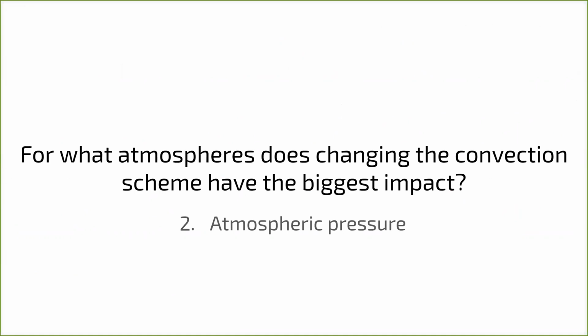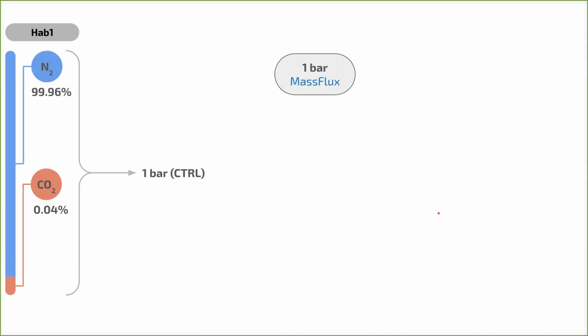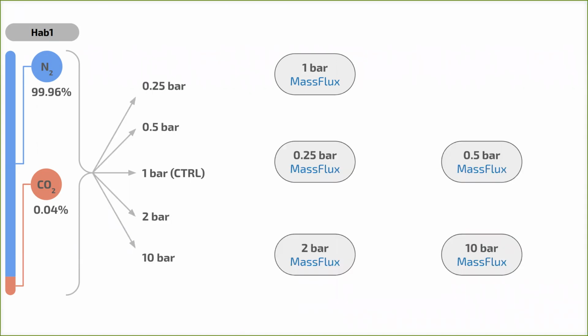Moving on to the second part of this question, how does the atmospheric pressure affect the changes in the convection scheme? So for now, I've been using the HAB1 with 1 bar surface pressure, but now I can change the surface pressure to different values ranging from 0.25 bar to 10 bar.